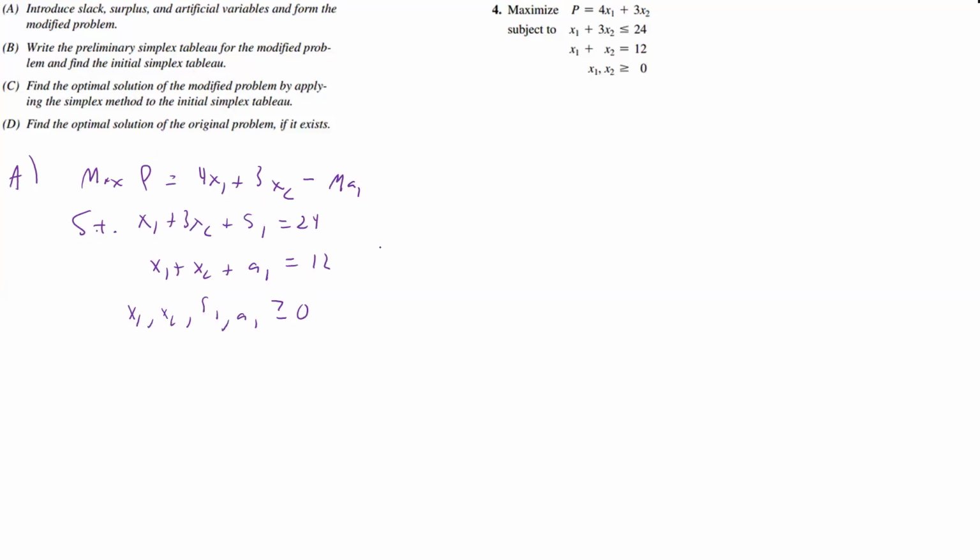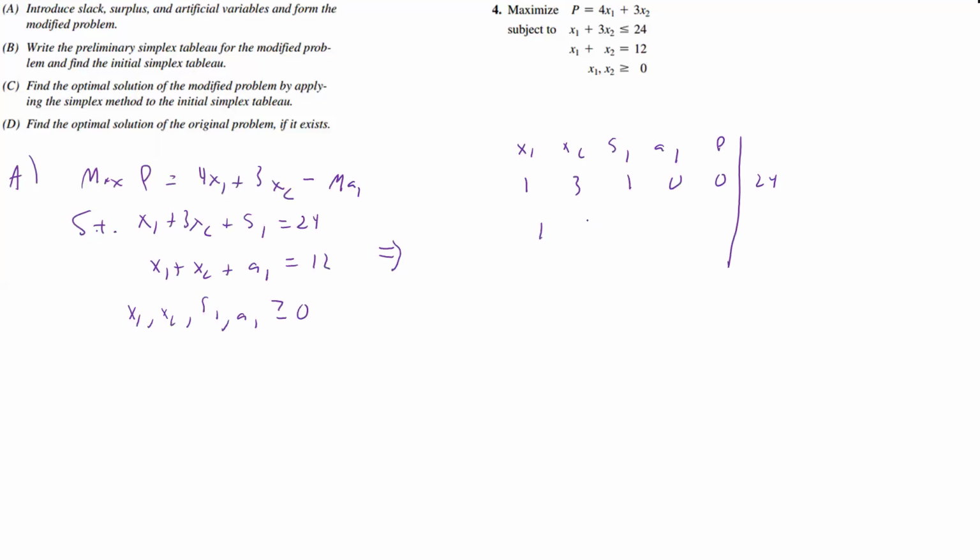From there, we can write our preliminary tableau. We're going to have columns x1, x2, s1, a1, then P, and then the right-hand side. For the first row we have 1, 3, 1, 0, 0, and 24.